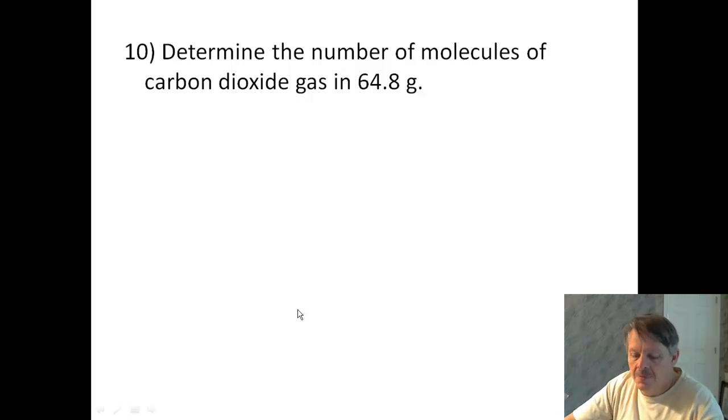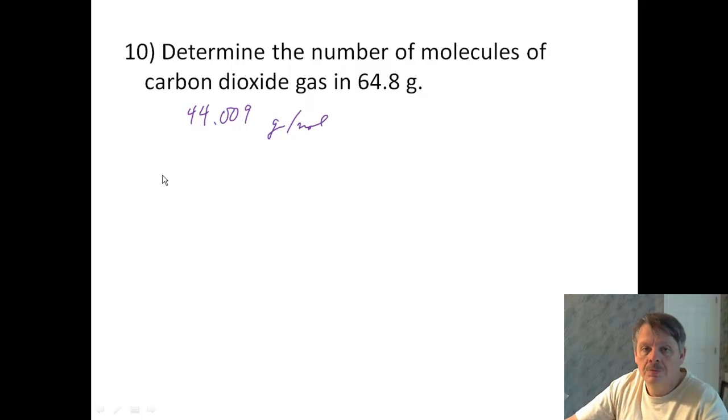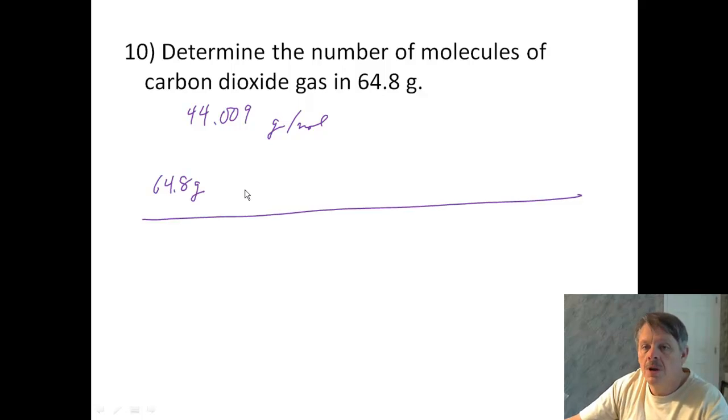All right, calculate the number of molecules in so many grams. So again, we have the 44.009. We already know that that's the mass of carbon dioxide per mole, so I don't have to calculate that again. So I have 64.8 grams of carbon dioxide gas.